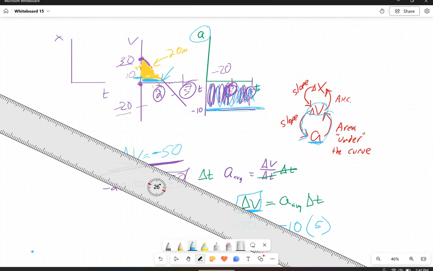So that area is going to represent 20 meters. And there is a little tiny bit there, but because we're estimating, it's not going to work out perfectly. So for the first 2 seconds, a little bit more than 2 seconds, my total displacement is 40 meters.